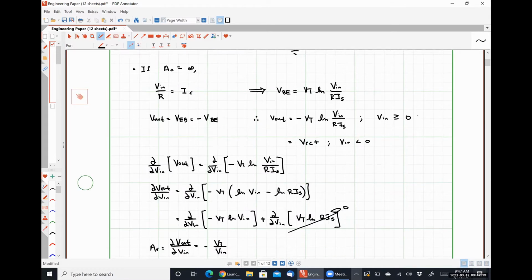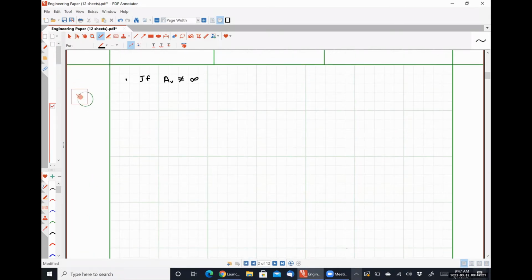So from our characteristic equation, we know that Vout is going to be negative our open loop gain times Vx, because that's true for all non-ideal negative feedback op-amp circuits, which gives us Vx is equal to negative Vout over A naught.